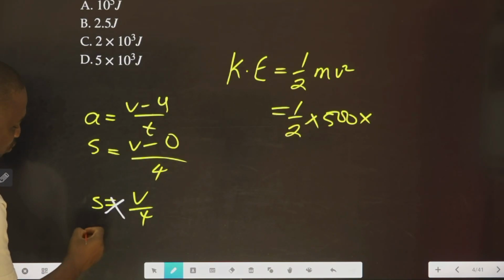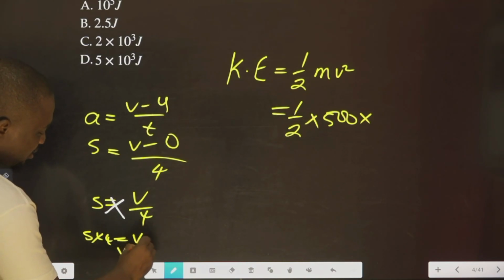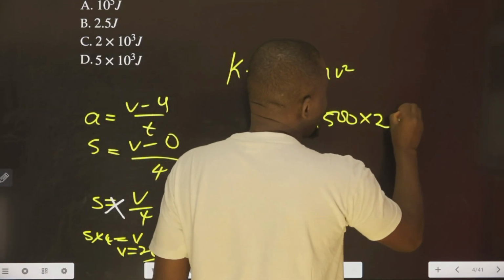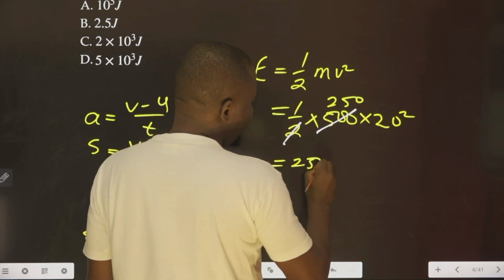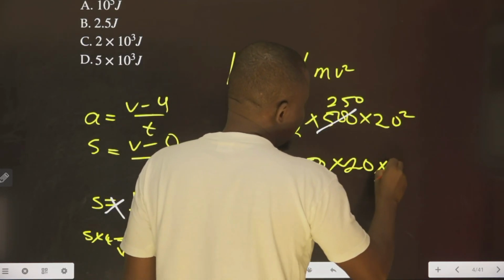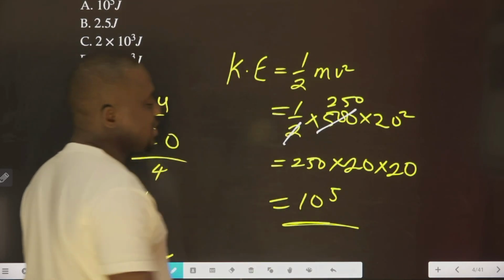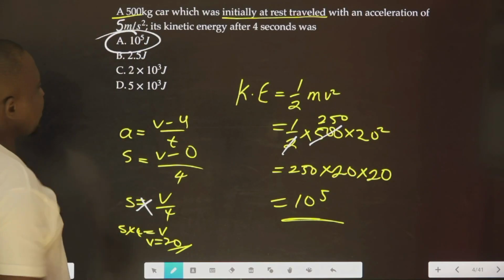You cross multiply to have 5 times 4 equals v. v therefore is 20. So we come here and put 20. That is 20 squared. We can actually divide straight to have 250. 250 multiplied by 20 multiplied by 20 will give us 10 raised to the power 5. That is 100,000. And as you can see, A is the answer.